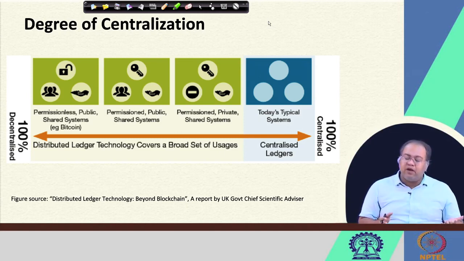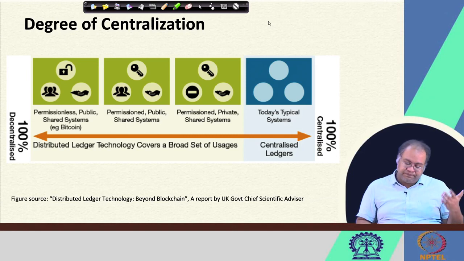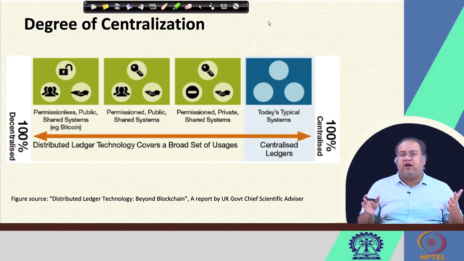And among the different kinds of decentralized architectures which we have, a permissionless public shared system like Bitcoin provides 100% decentralization, and the enterprise use cases are something in between 100% decentralized and 100% centralized. So, it provides either a permissioned public shared system or a permissioned private shared system.